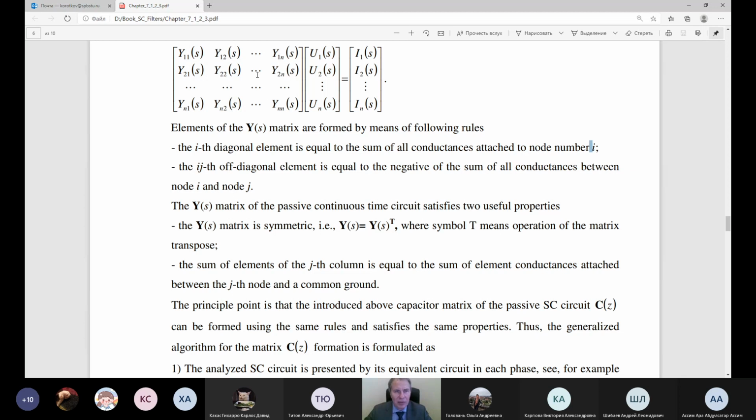Say, in other words, the upper triangular is equal to the lower triangular.